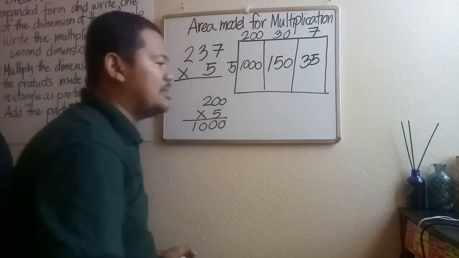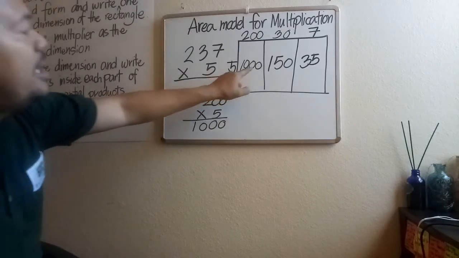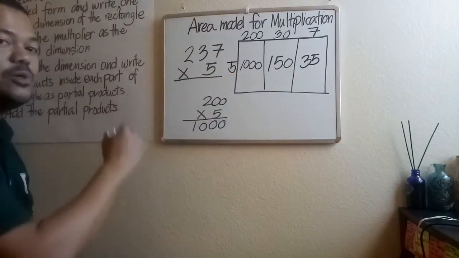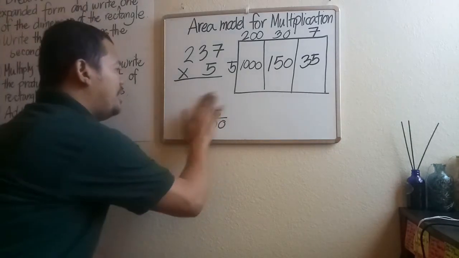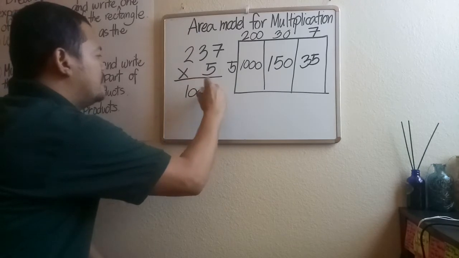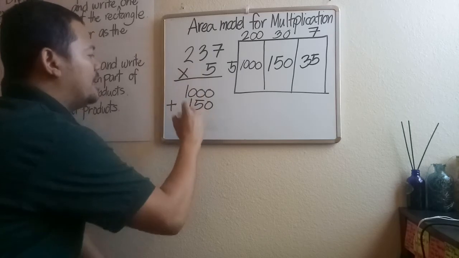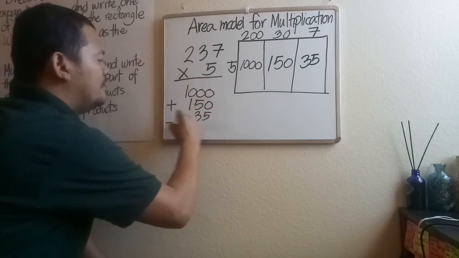So the next part is we're going to add the partial products. Here are your partial products. We are going to add them all together. So we got here 1,000 plus 150 plus 35.